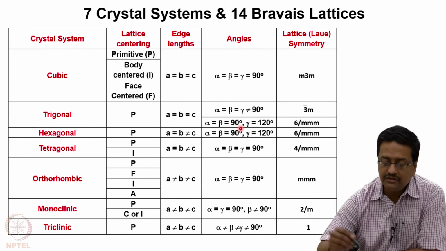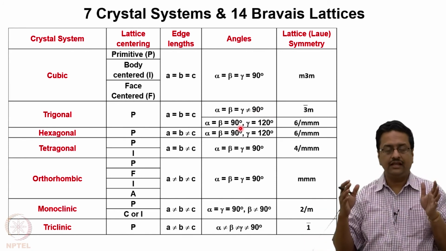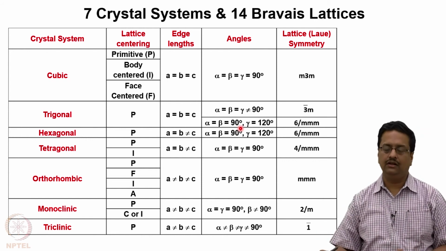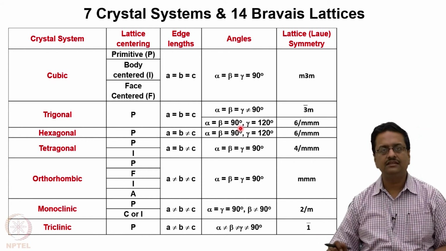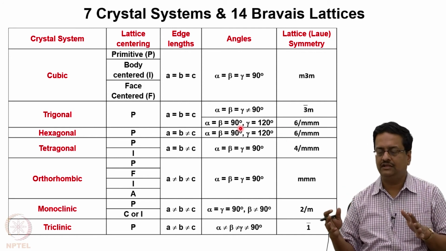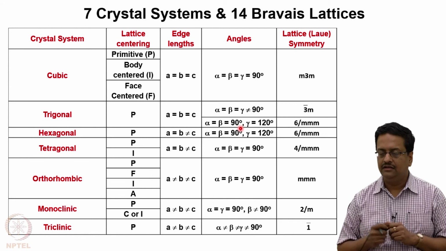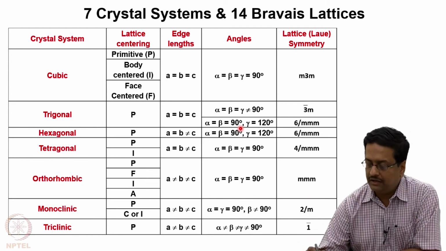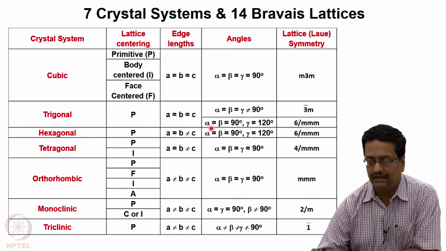How do we get a trigonal system? If we take a cube and then distort it along the diagonal, the edge lengths will not change, but the three angles will change simultaneously in the same manner, resulting into a trigonal system. This trigonal system can be arranged in two different ways.